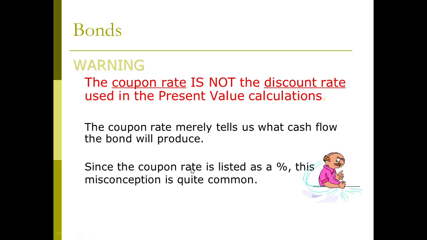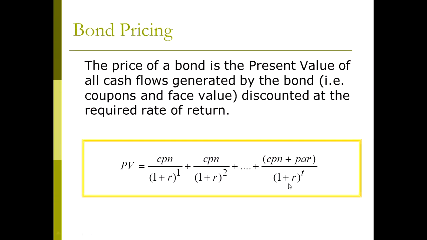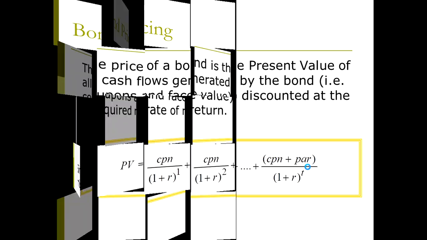The coupon rate is listed as a percentage, but that is not the discount rate. The discount rate is the R, or the yield to maturity, used to calculate the present value, while the coupon rate is the rate to determine the coupon payment in each period.